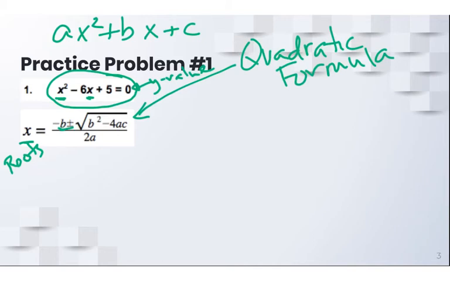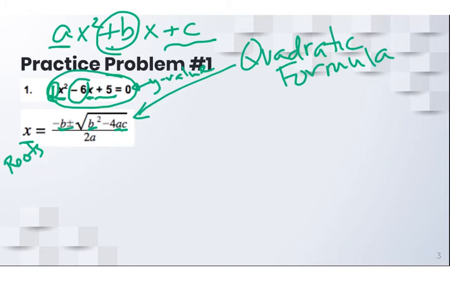So the b value comes from the middle term, whatever is in front of the x. The a term comes from whatever is in front of the x squared, and in this case, that would be an invisible 1. And the c comes from the term all by itself, this thing right here. So the c would be 5. So the c is that constant.